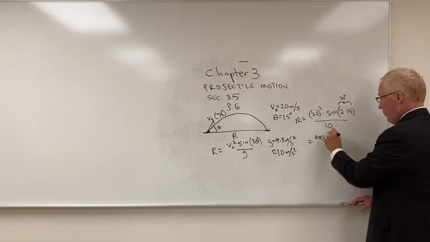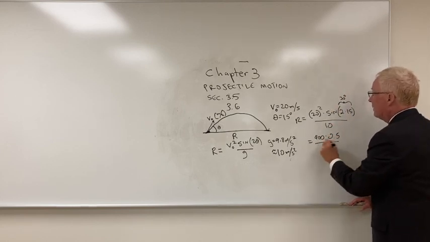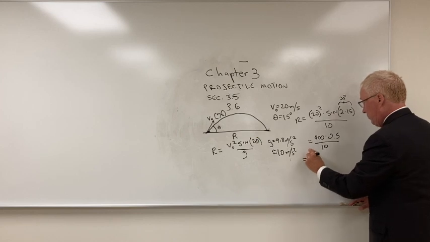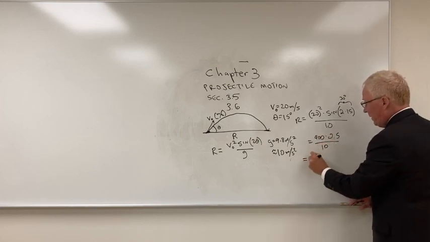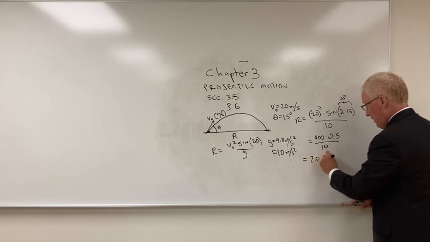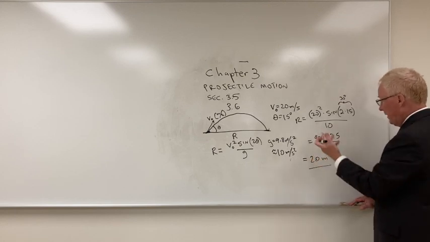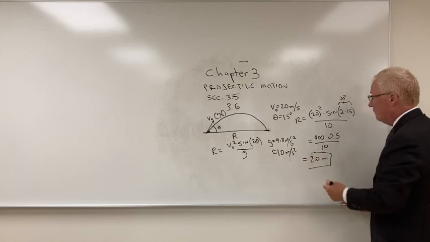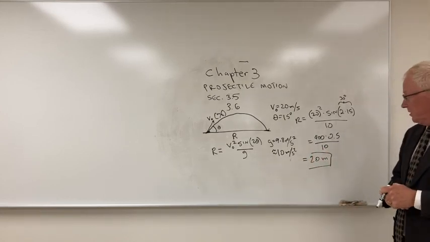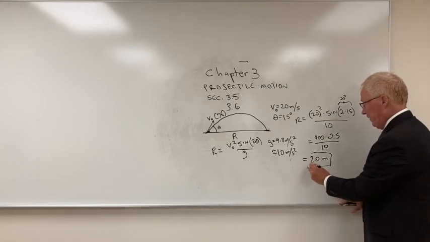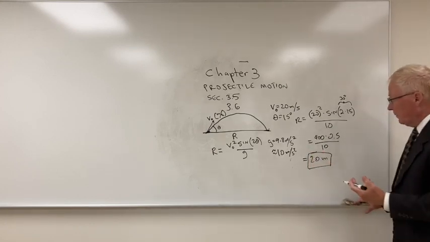Sine of 30 is 0.5 over 10. This would then be 400 times 0.5 is 200 divided by 10, that would be 20 meters. So that would be how far it'll actually go in this case. And we'll look at the PhET simulation to see if we can verify this.